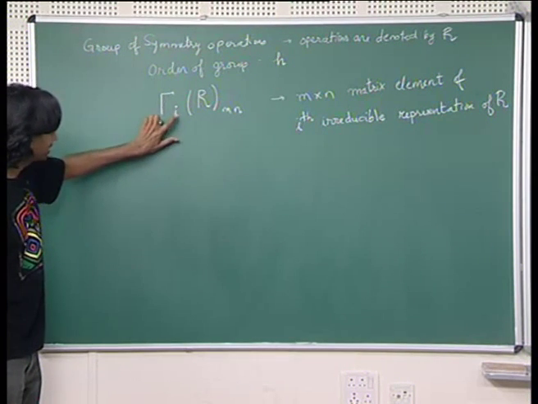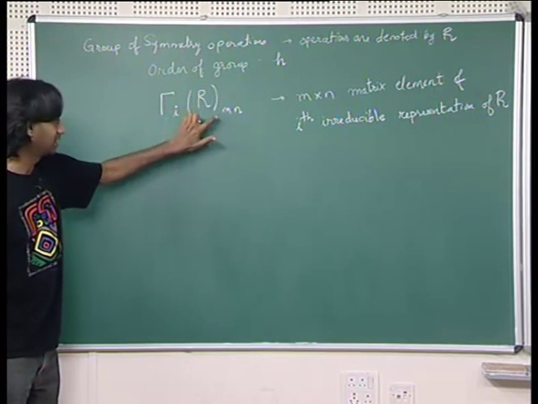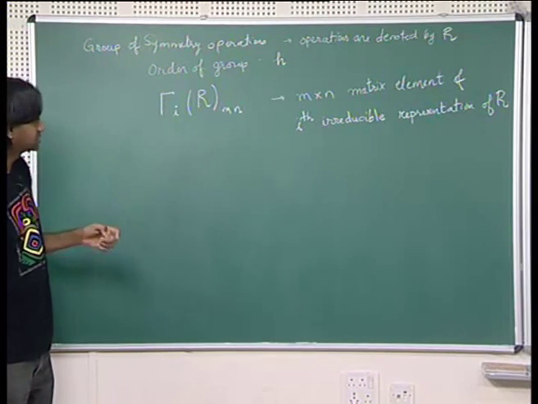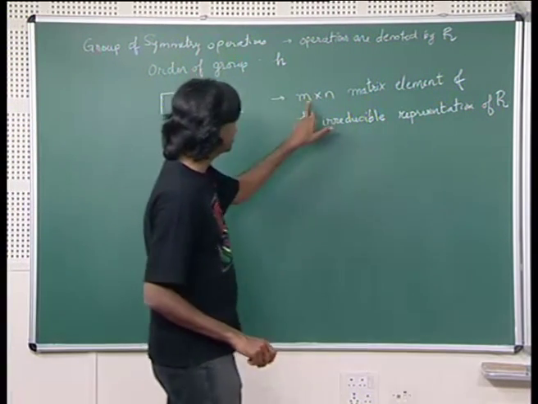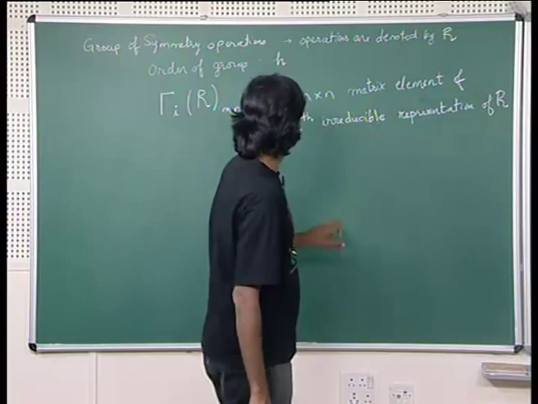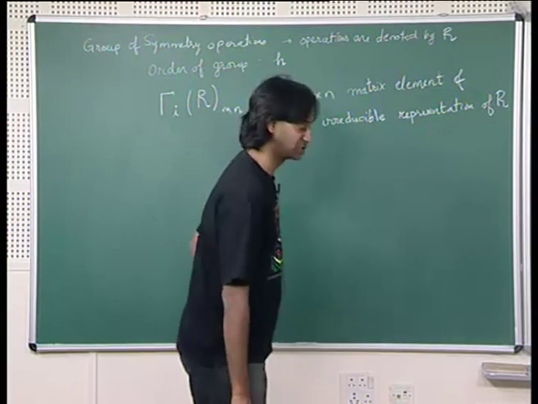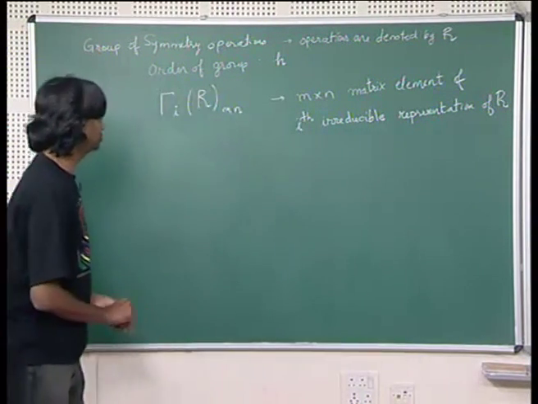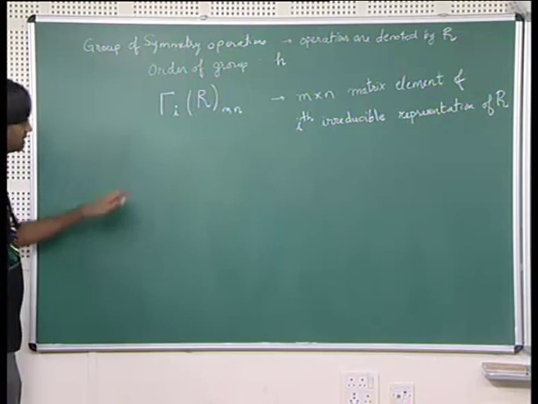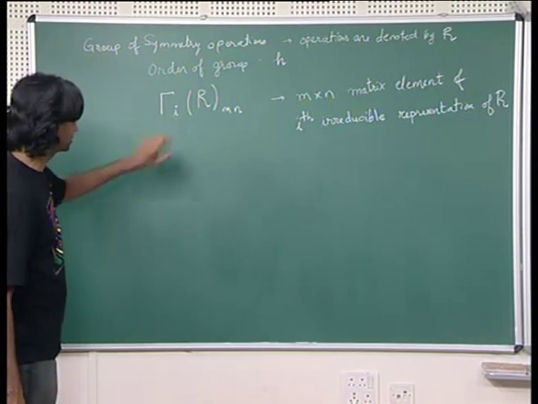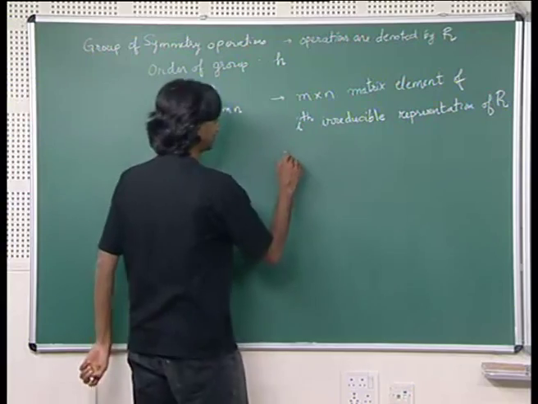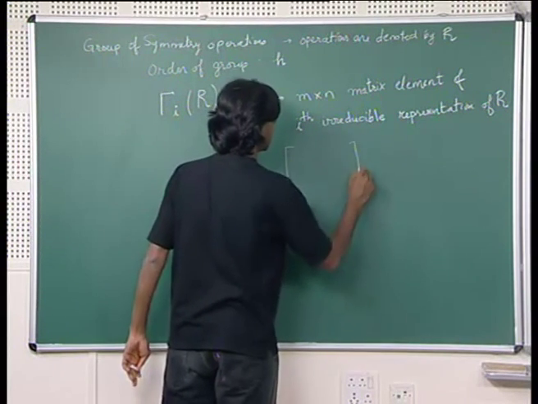Now, gamma I of R m n represents the m cross nth matrix element of the ith irreducible representation of R. Okay. So, just to tell you what this means, let us look at the irreducible representation. An irreducible representation corresponds to a matrix. Okay.